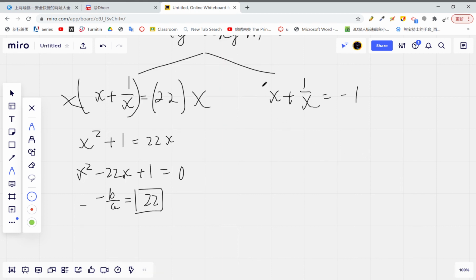Then we multiply both sides by x, so it's x squared plus x plus 1 equals 0. And then we plug in the quadratic formula, which means all of them must be imaginary.